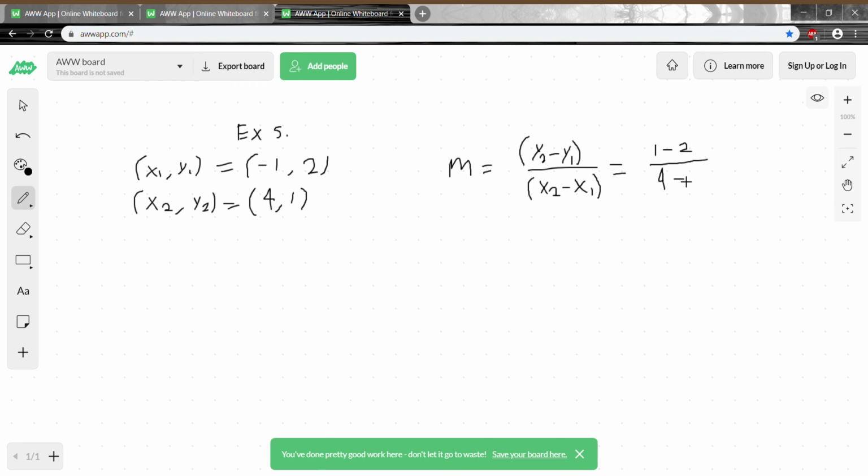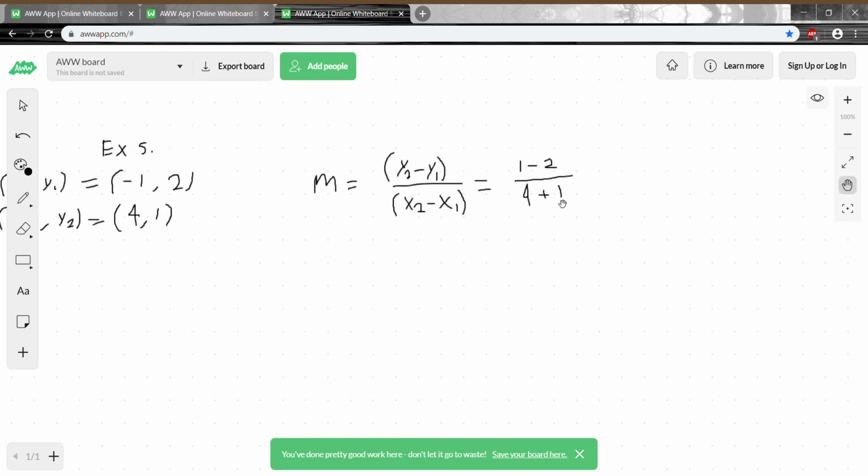That makes this minus a plus 1. This is going to give us 1 minus 2 is negative 1. 4 plus 1 is 5. That means our m is negative 1 over 5.